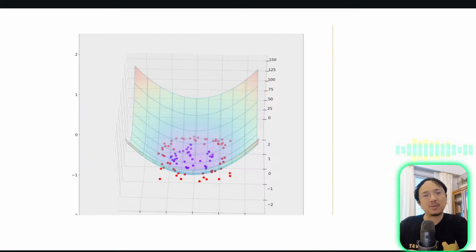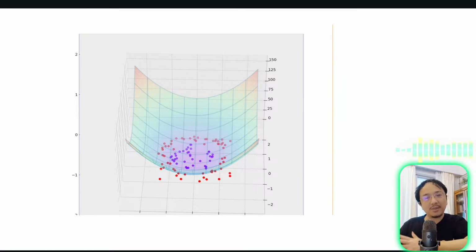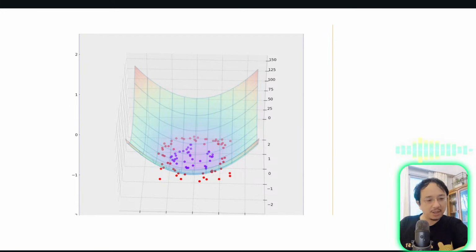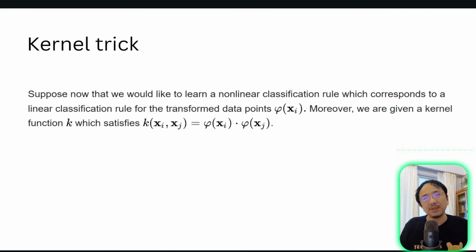Another way is, of course, to use randomized features. We can use a randomized way to generate features, and we already saw how powerful randomized features are. So can we do similar things? Yes, we can. But if we have more features, things are going to be more complicated, and the optimization problem becomes more difficult.